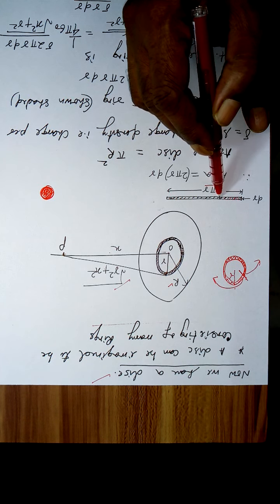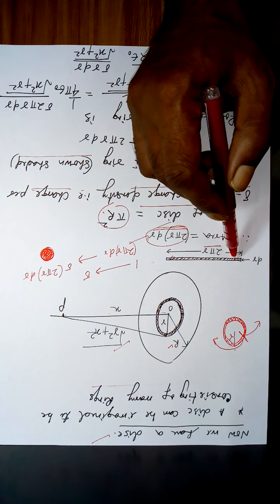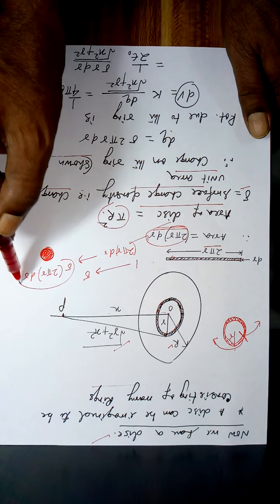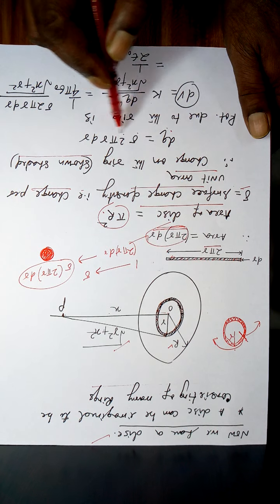On unit area we have charge sigma. So in this much area, 2 pi r dr, we will have charge sigma into 2 pi r dr. Therefore the charge on the shaded ring, let us call it dq, will be sigma 2 pi r dr.